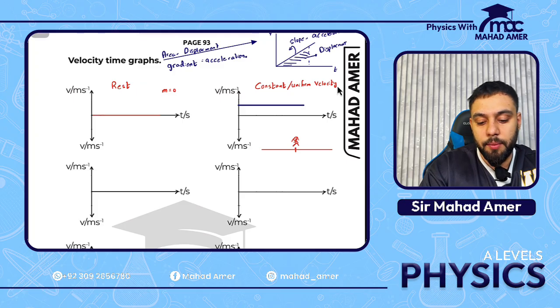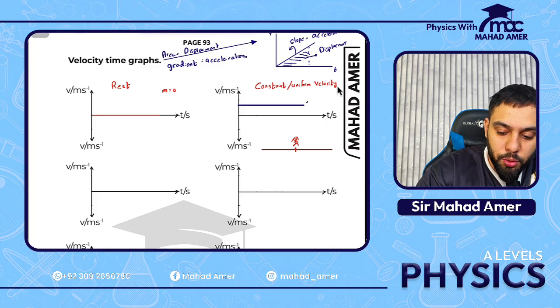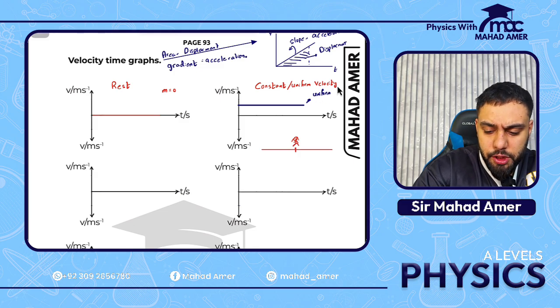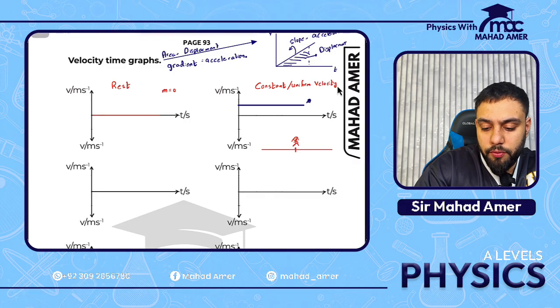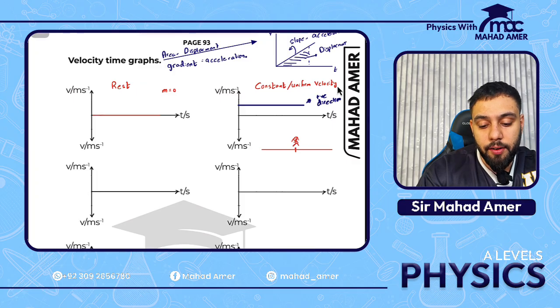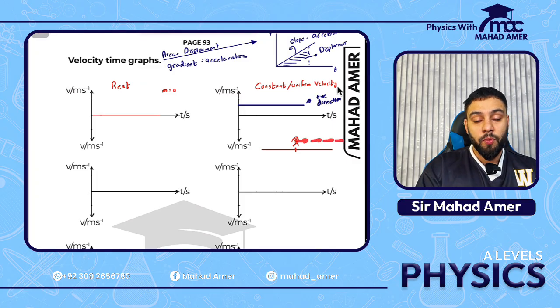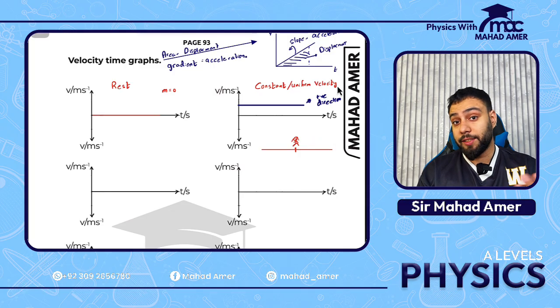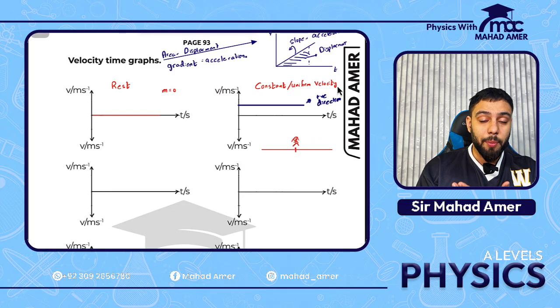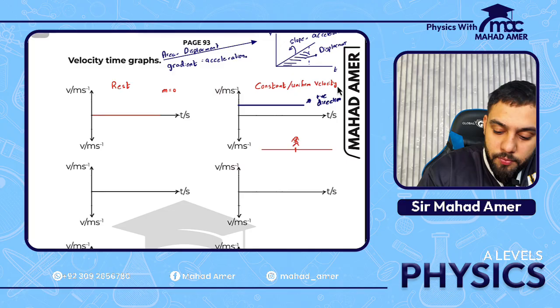So velocity is positive. This shows that you have got uniform velocity in the positive direction. That means if you're taking the right side as positive, you're moving to the right with a uniform velocity. The velocity is not changing, you're not accelerating, you're not decelerating, but you're moving with a constant velocity.